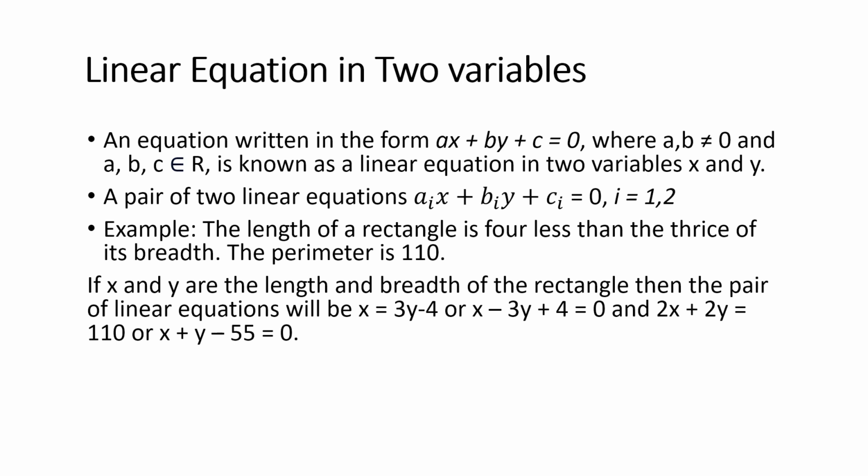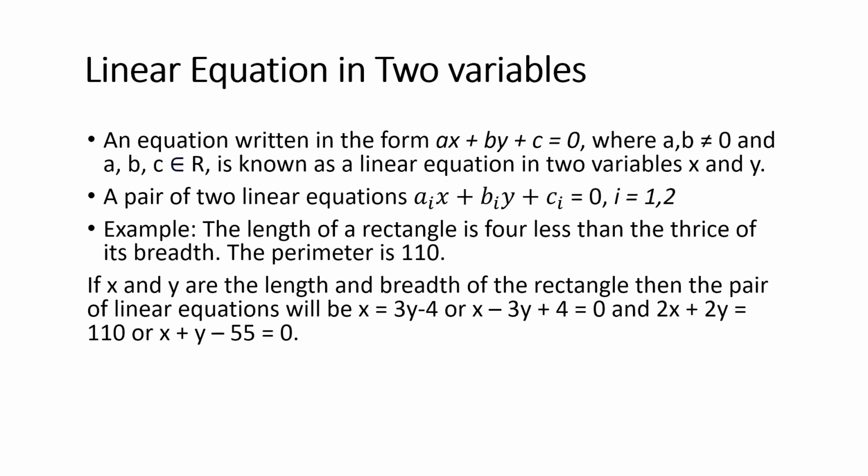It is very useful in day-to-day situations. For example, the length of a rectangle is 4 less than thrice its breadth. The perimeter is 110. How will we express it in the form of linear equations in two variables? Suppose x and y are the length and breadth of the rectangle.